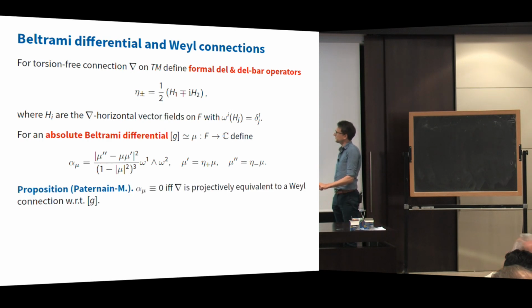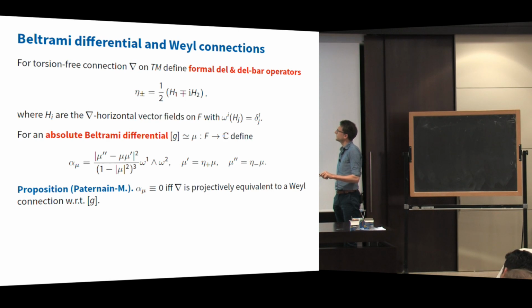This last bit is based on a joint paper with Gabriel Patenine. This 2 form vanishes identically if and only if this is projectively equivalent to a Weil connection with respect to the conformal structure defined by mu or G here.